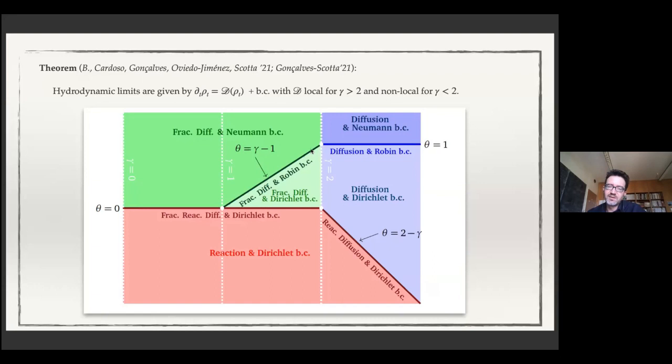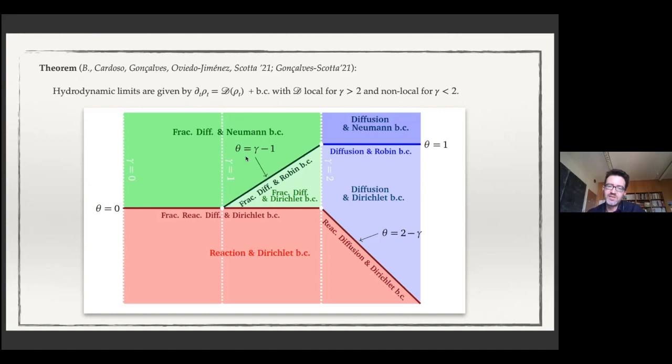So it is a bit complicated, in fact. We describe a bit more precisely the equations that we obtain, and we obtain again some diagram like that, where before we had this line with a Robin boundary condition, which was separating the two regimes. Here we have fractional diffusion and Robin boundary condition, which separate between fractional diffusion with Dirichlet boundary condition and fractional diffusion with Neumann boundary condition.